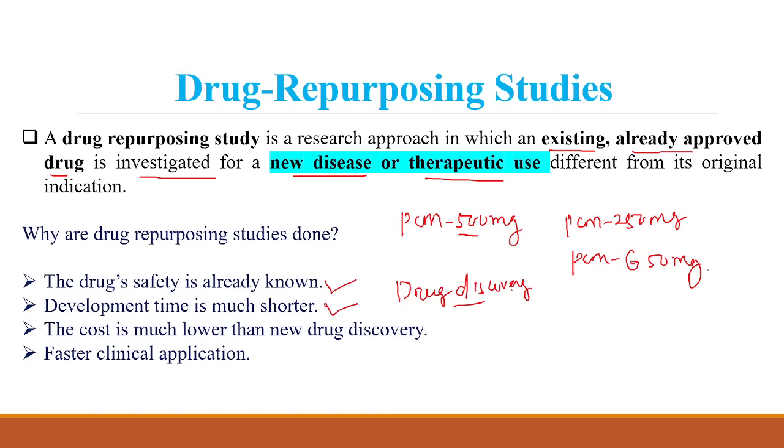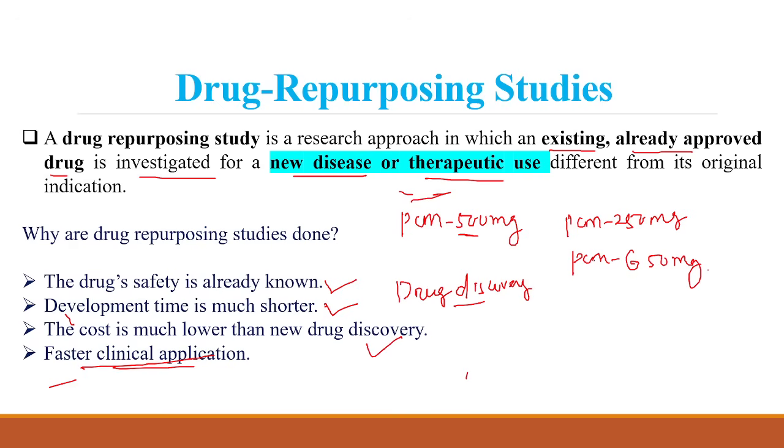The cost is much lower than new drug discovery. Paracetamol is already prepared in industry, we just prepare the same paracetamol with a lower or higher dose. So it will be easy to synthesize, the cost will be low, and there is faster clinical application.